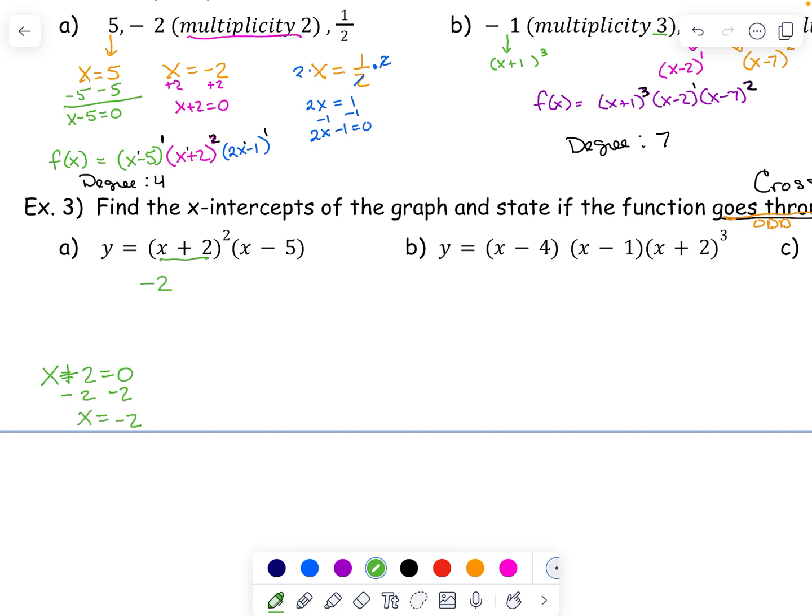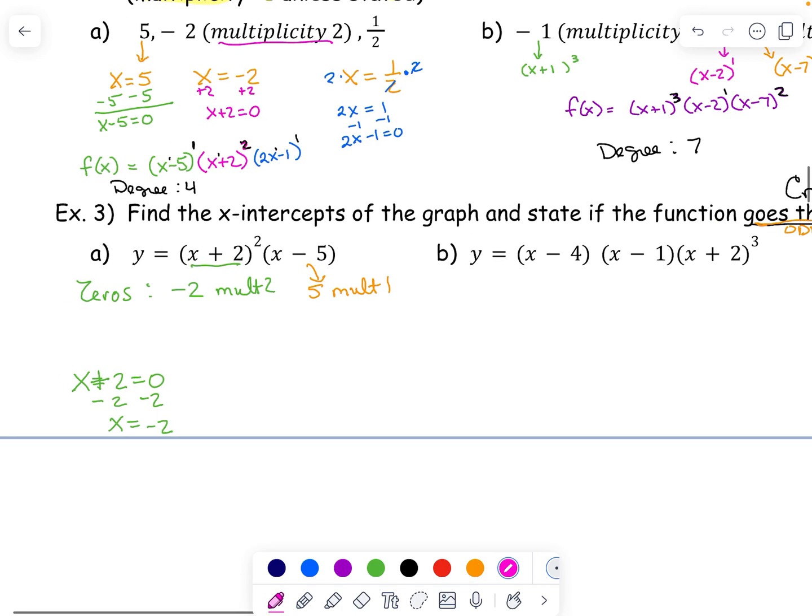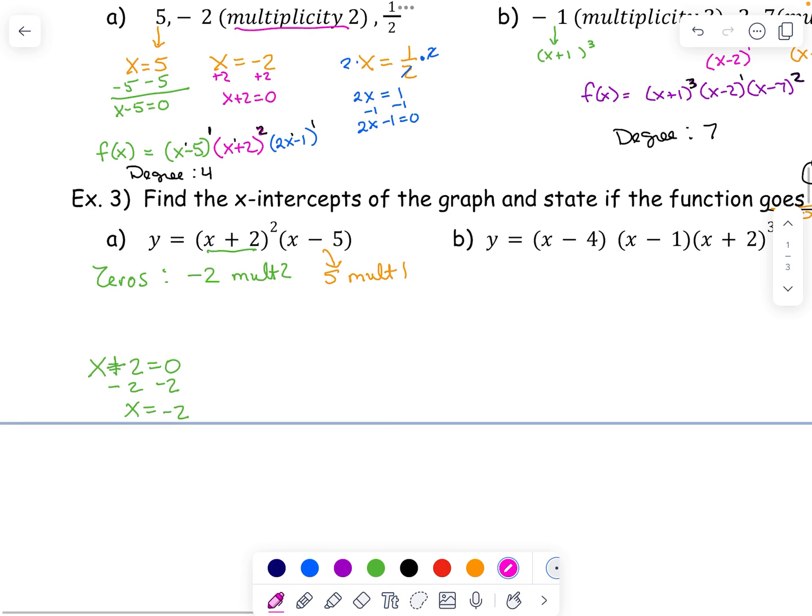Okay, so our zeros, it's going to be -2, and it has multiplicity 2, right? And then the next one that we have is going to be 5, and that has multiplicity 1. Okay, so what they're asking for is our x-intercepts. Now, zeros can be just written as numbers, but x-intercepts have to be written as points.